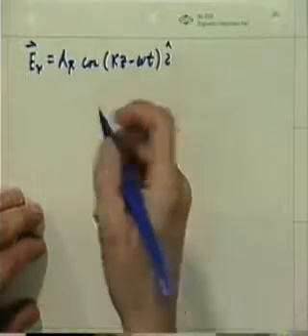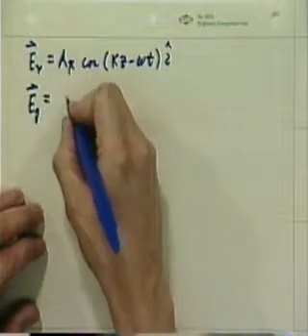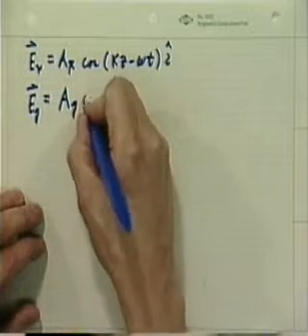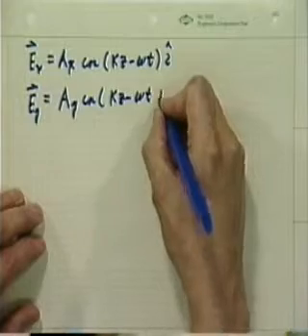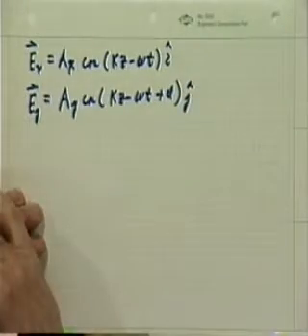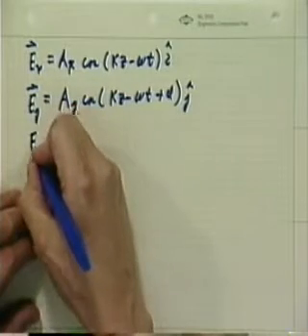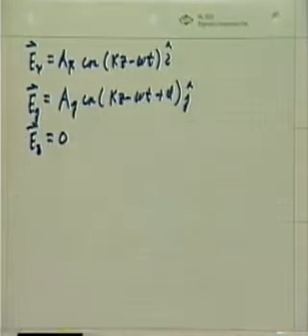And E sub y is A sub y cosine of kz minus omega t plus some phase phi in the y direction. And E sub z, since we're going along the z-axis, is equal to 0.